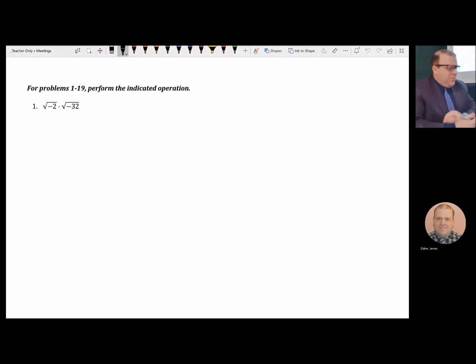Square root of negative 2 times square root of negative 32. These are obviously complex numbers.